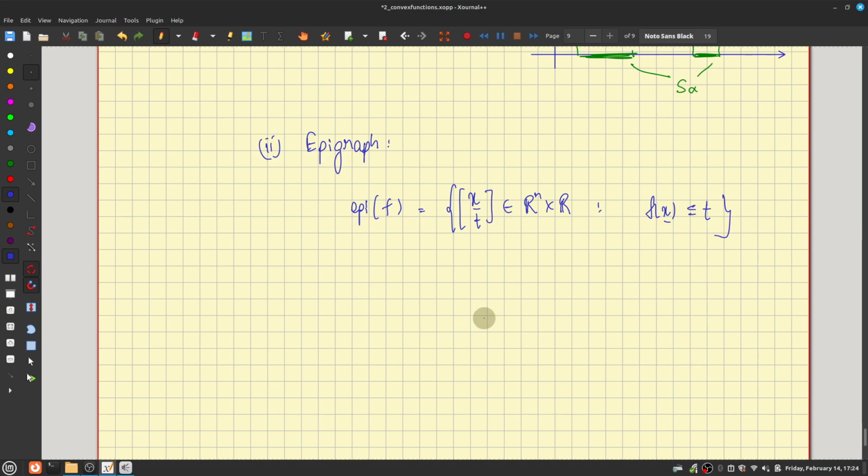So for a given function, what does the epigraph look like? Geometrically, what does the epigraph correspond to?